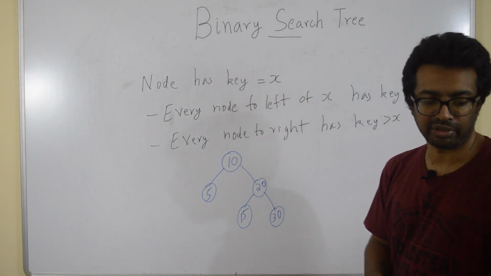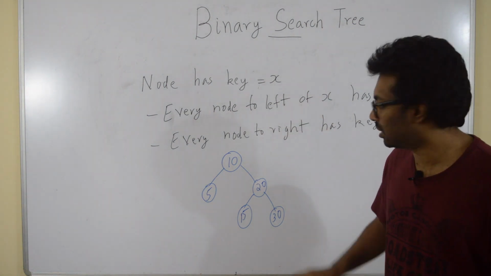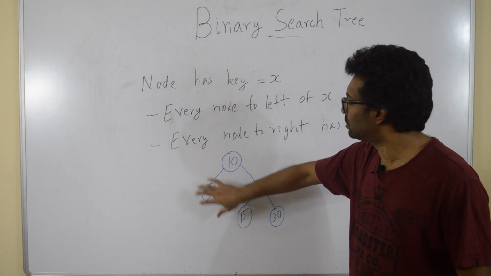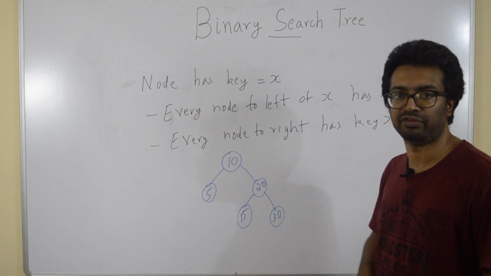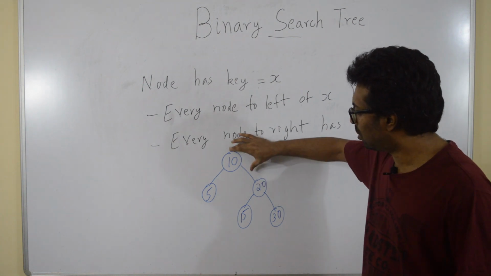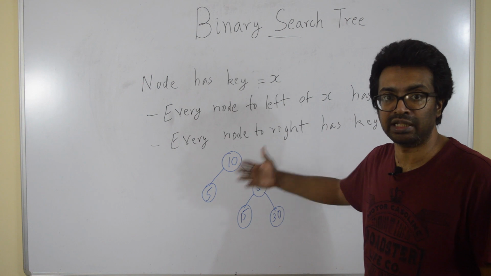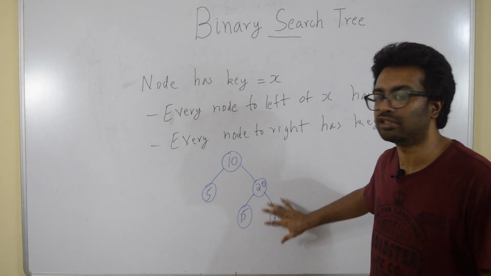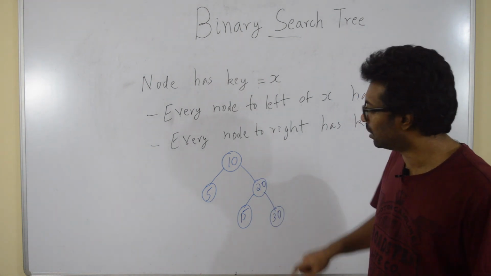Now let me just say why this is correct. Let's look at each and every node. 10: its left nodes should be less than 10. Is it correct? Yeah, it's 5. All its right descendants have to be greater than 10. 15, 20, 30, it's greater than 10.